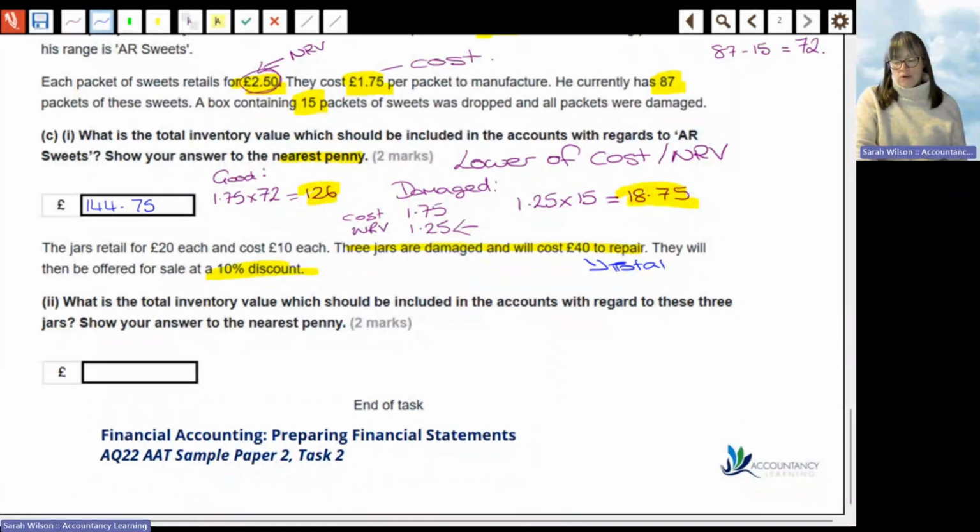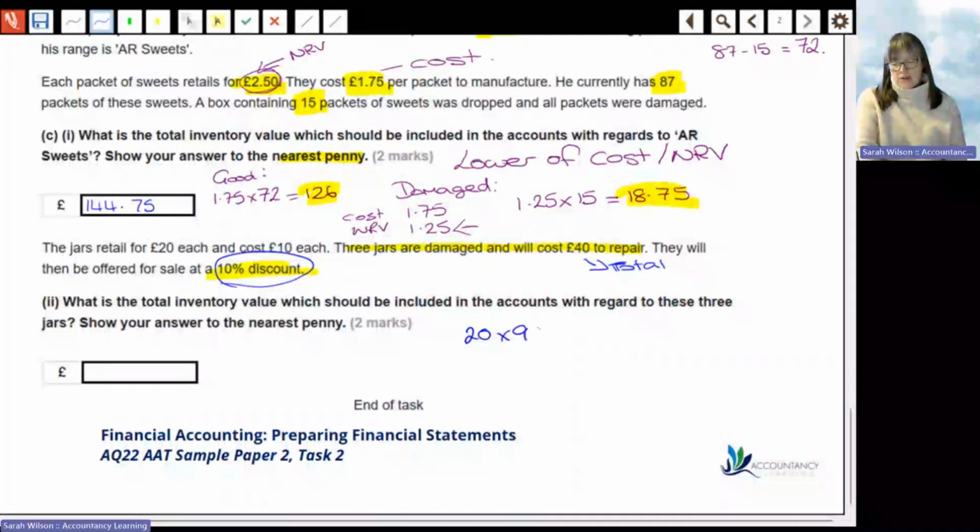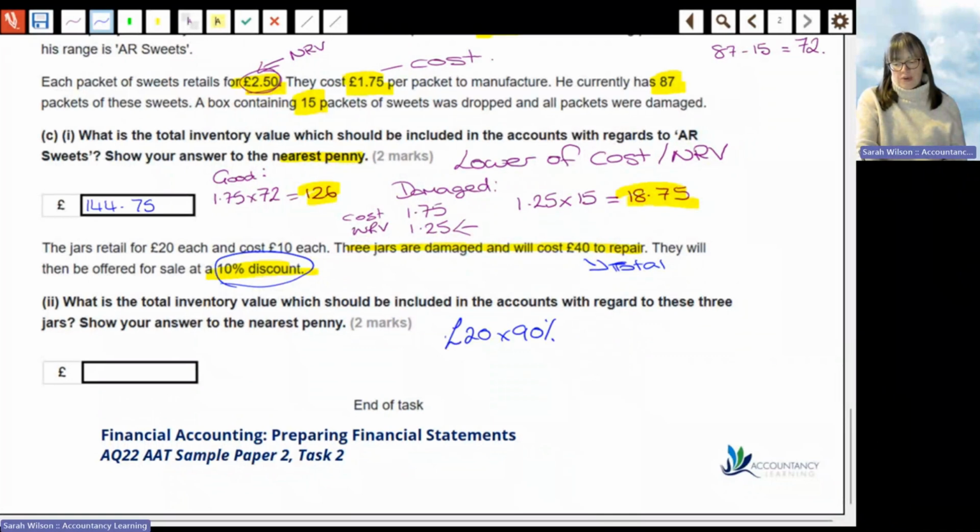So first of all, we know that they're going to be sold at a 10% discount. So they're only going to be sold at 90% of the £20 selling price, £18, which for 3 jars would be a total of 54.